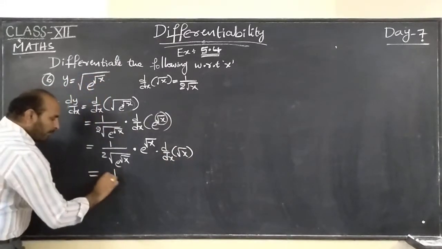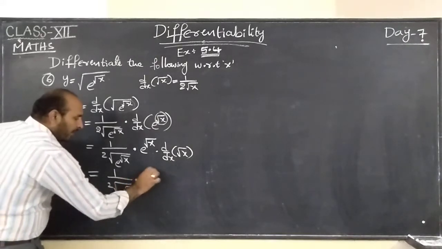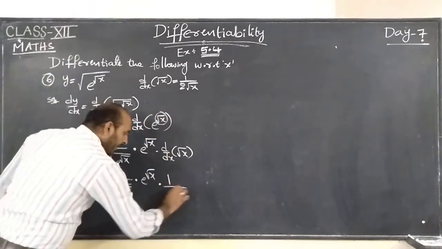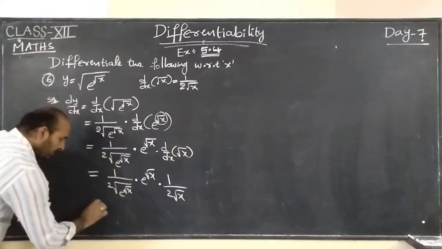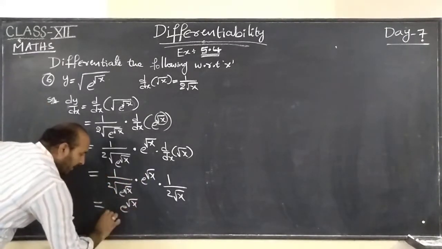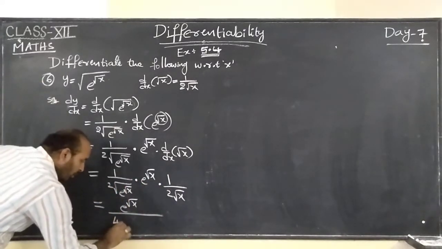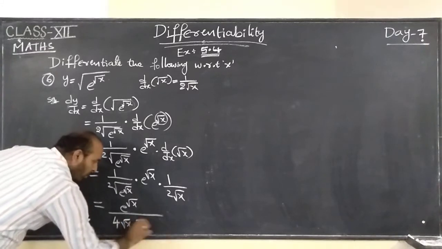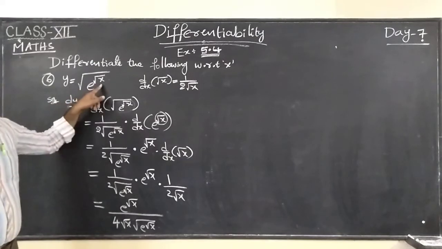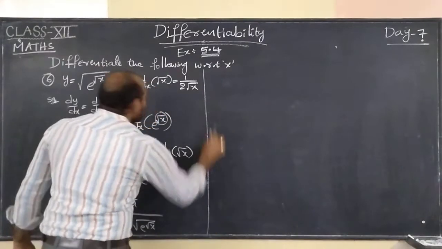So now 1 by 2 root of e power root x into e power root x into the derivative of root x, which according to the formula is 1 divided by 2 root x. Now simplify: e power root x divided by 2 into 2, which is 4, into root x into root of e power root x. So for y is equal to root of e power root x, the solution is this one.